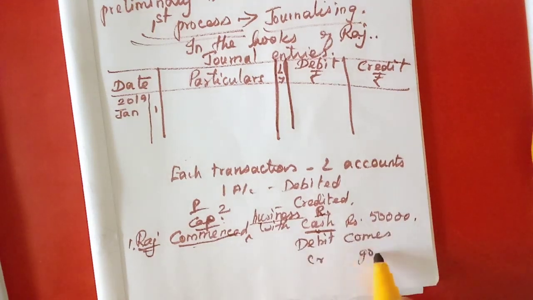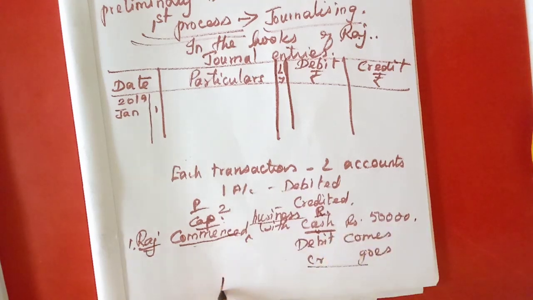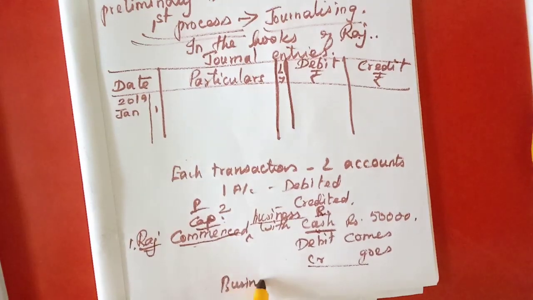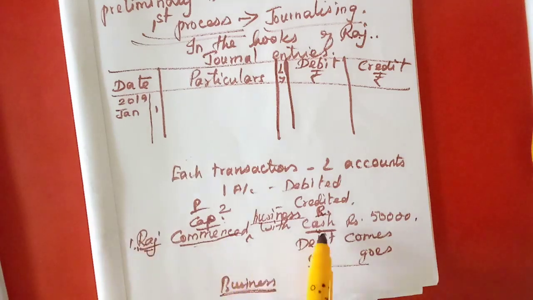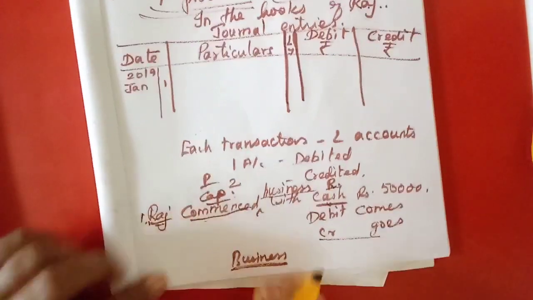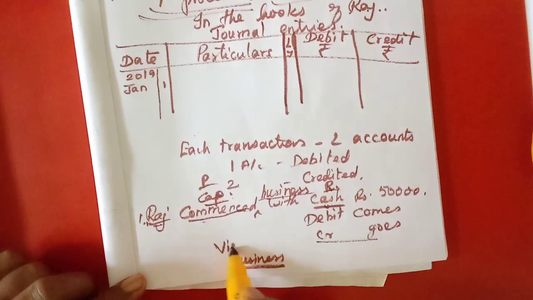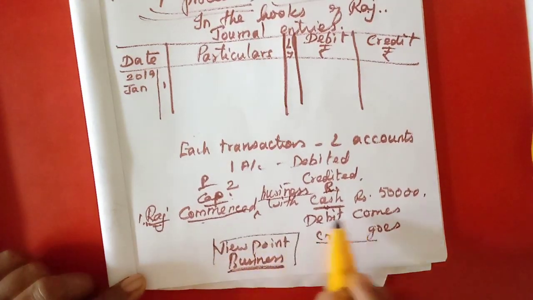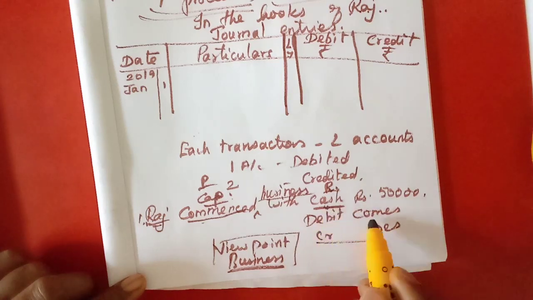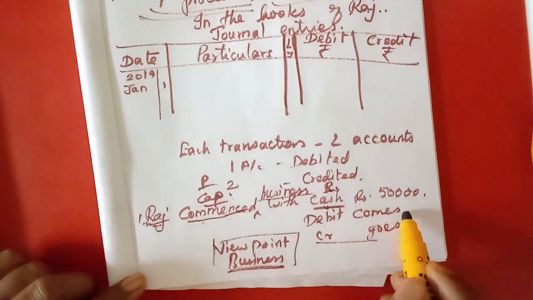Whether cash is coming in, you have to think from the viewpoint of the business, not of Raj. For Raj the cash is going out, but we have to enter all the transactions from the viewpoint of the business. For the business, the cash is coming in, so we need to debit cash.